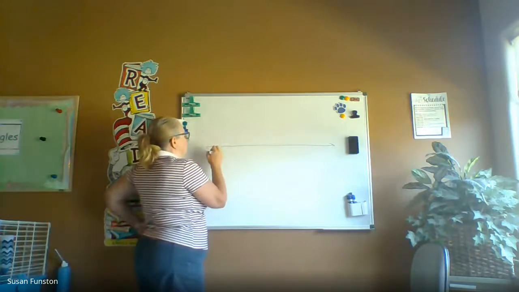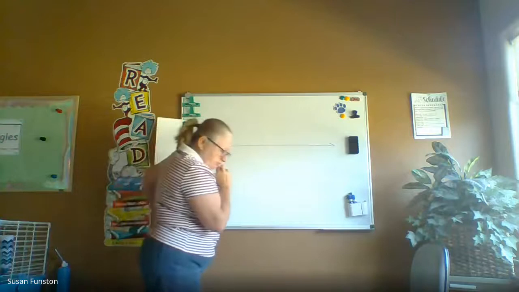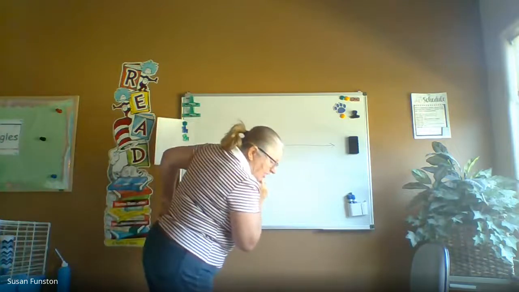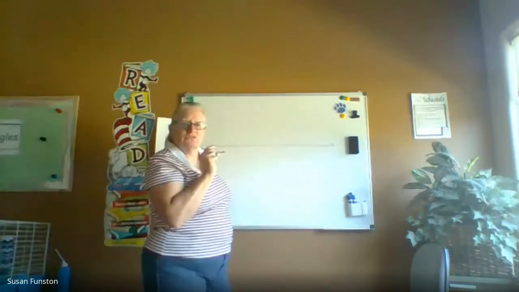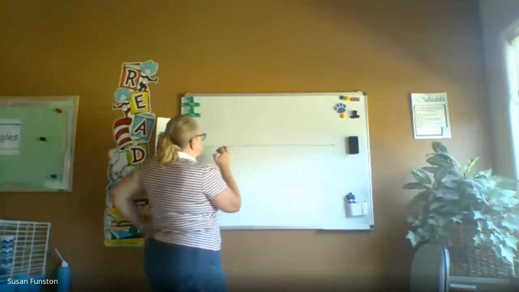So what am I going to start with over here? Right, I'm always going to start with 0. I'm going to make my number line have 5-minute intervals. So every tick mark is going to show me 5 minutes.